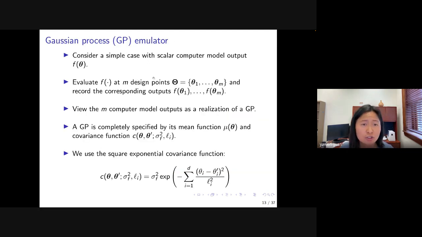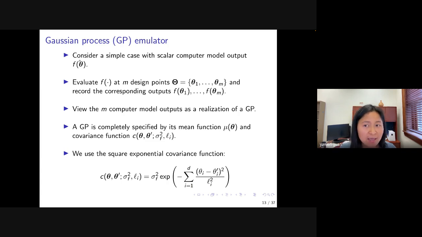Okay, so to show you what it looks like in a simple case, here I'll use f of theta to denote a scalar computer model output. So this is a simple case where my model would give me only one output. You can think of this as maybe the Seaice model at one location and one variable.